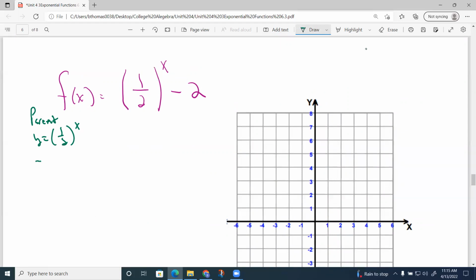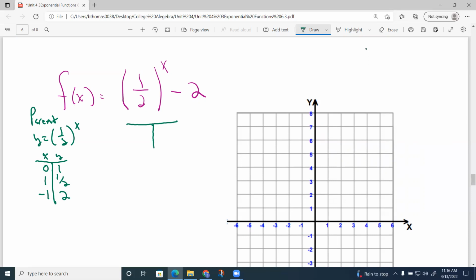So based on our knowledge of this function, we know that 0, 1 was an ordered pair. When 1 went in, 1/2 was the output value. And when -1 went in, that reciprocated it, and that became a 2. So that would be our ordered pairs of the parent function that we're using.